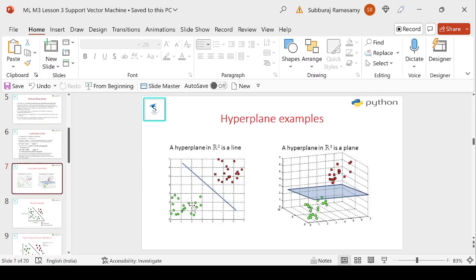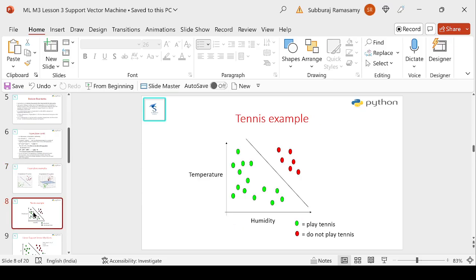So let's look at some examples. In a two-dimensional space, the hyperplane is a line. So these are two classes, maybe those who bought the car and those who did not. Suppose a three-dimensional space, then you have a flat surface. A tennis example: you look at the temperature and humidity.